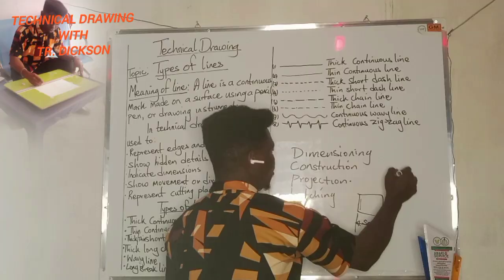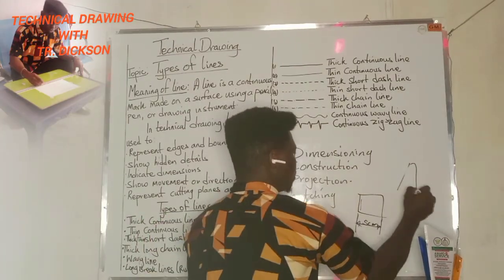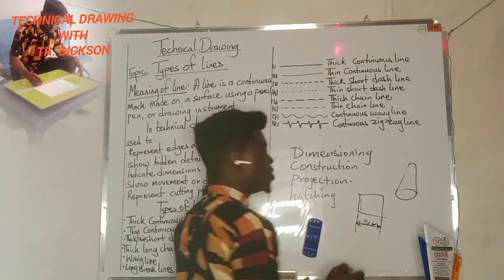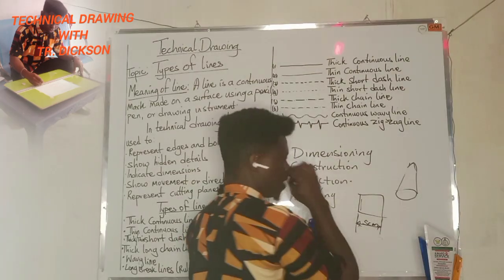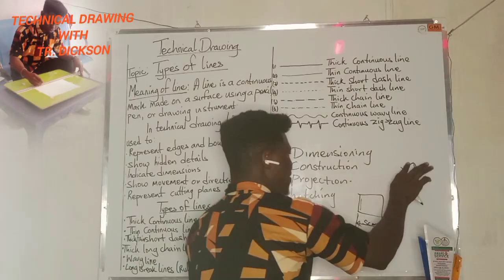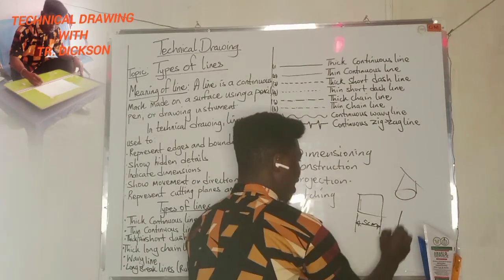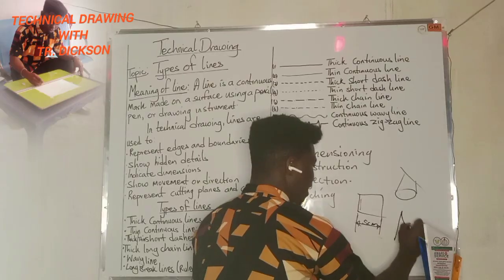Now when I draw, for example, let's say I am drawing a cone. So this is a typical conical shape. Now I decide to cut the cone like this. So that means this particular face will be removed. So in essence, what I will have will look much like this.